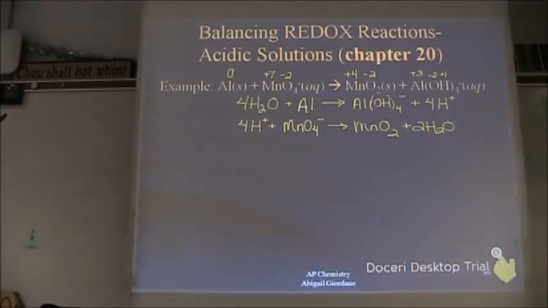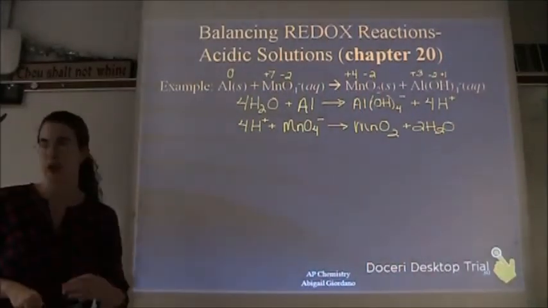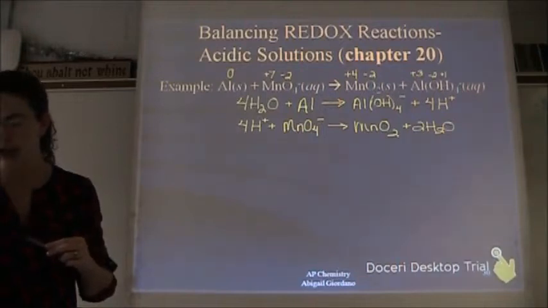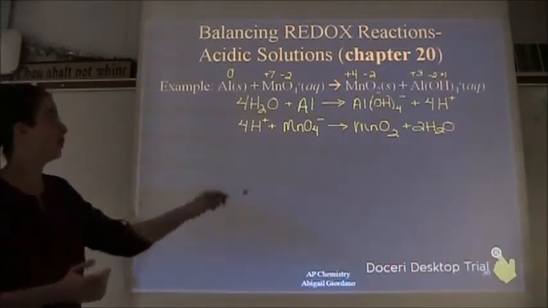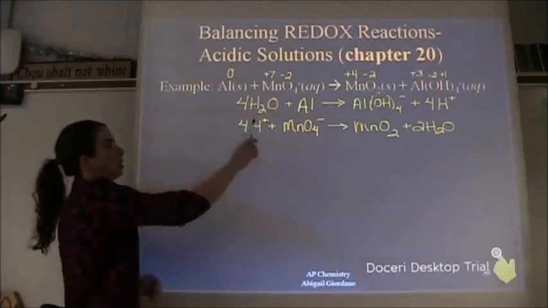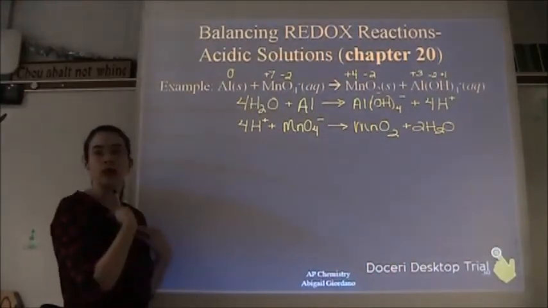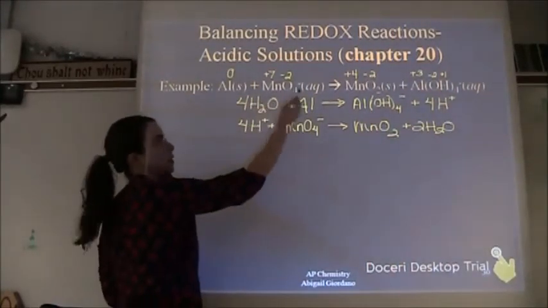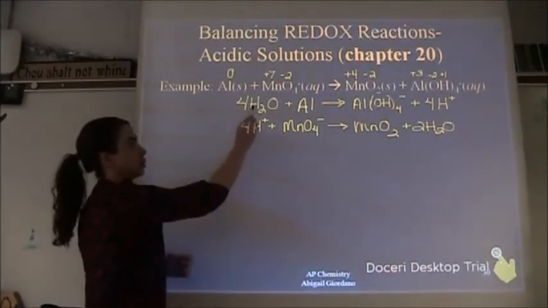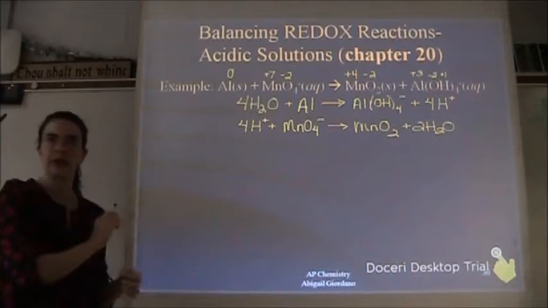So the next step says balance charge using electrons. And this tends to be the step that is a little bit challenging for some people. Okay, so let me show you the thought process. Let's look at the aluminum reaction first. Okay, first of all, I want you to notice I am not going to write charges above each element because I'm not concerned with each element.